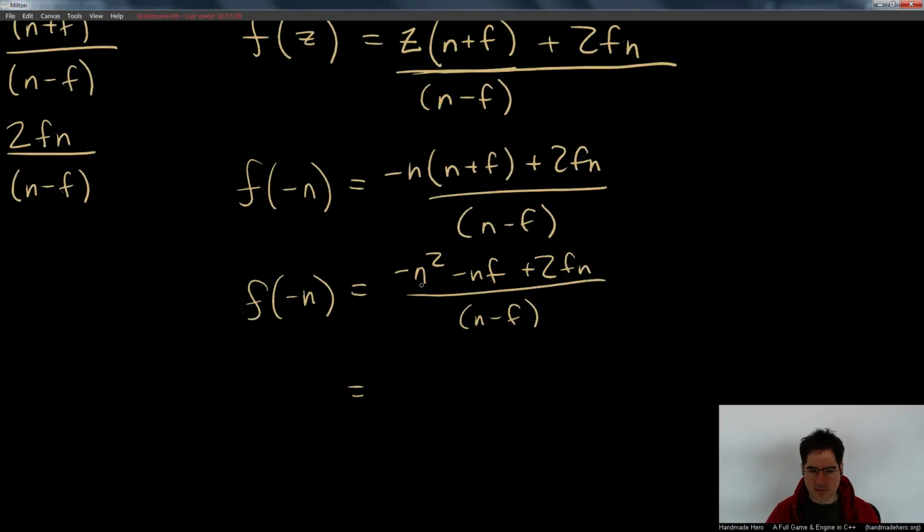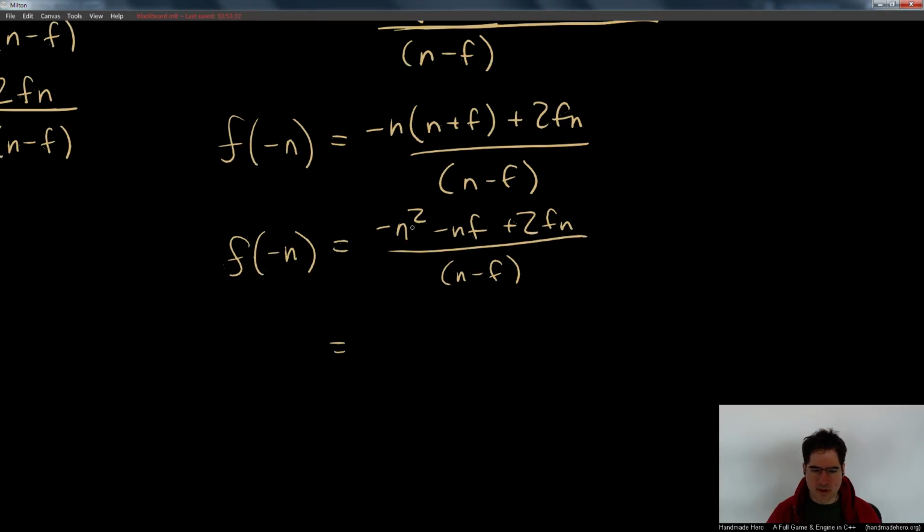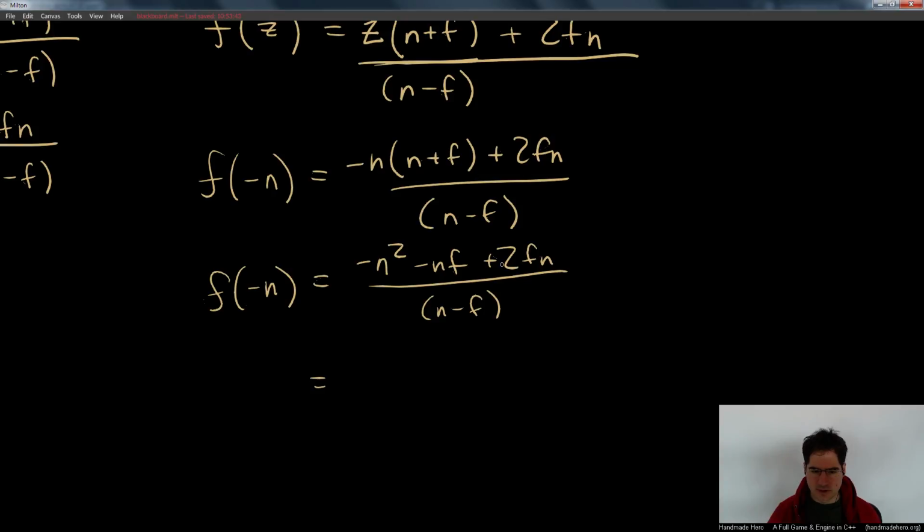Looking at what happens when we keep going with that, we end up with these two terms are both fn terms, whereas this is not. That makes things a little ugly for us. I'm not sure there's much we can do about that. In fact, I can pretty much tell that this is wrong.